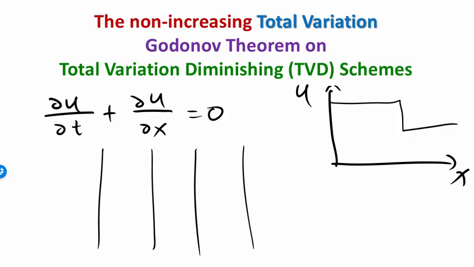The left-hand side of the discontinuity should stay the same value. The right-hand side should stay the same value. Nothing is going to go above the left value. Nothing should go below the right value. But now let's consider a reconstruction. So in a finite volume scheme, let's say we have a solution that looks like this over here.